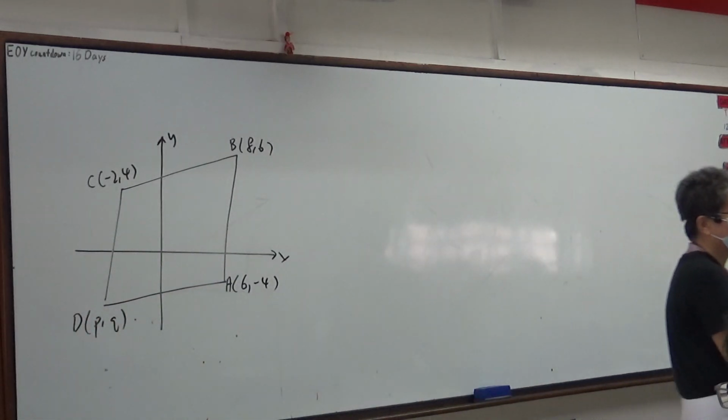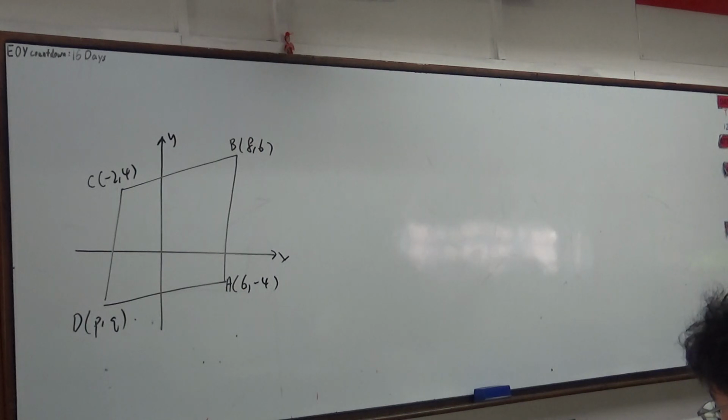This is easier. Hold up, please. The diagram shows a parallelogram ABCD in which the vertices are so and so forth. Given that M is the midpoint of AC, find the coordinates of M.